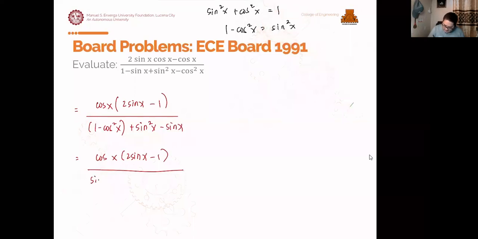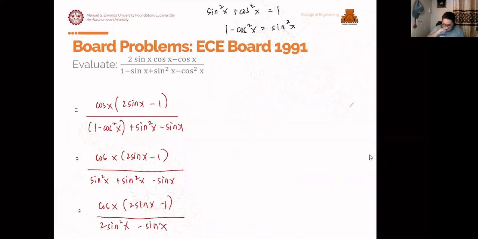Okay? So, sine squared x plus sine squared x minus sine x. Okay? And then, simplify. We have cosine x, 2 sine x minus 1 all over 2 sine squared x minus sine x. Okay?